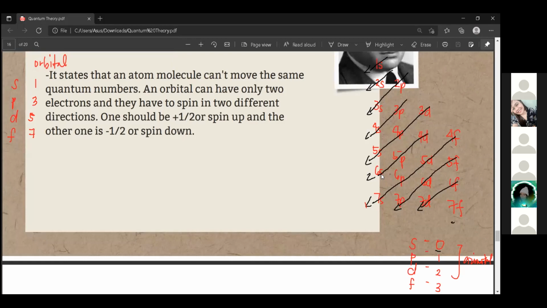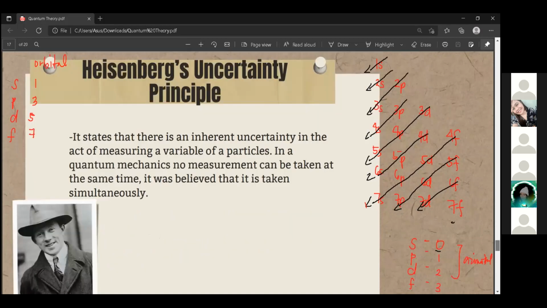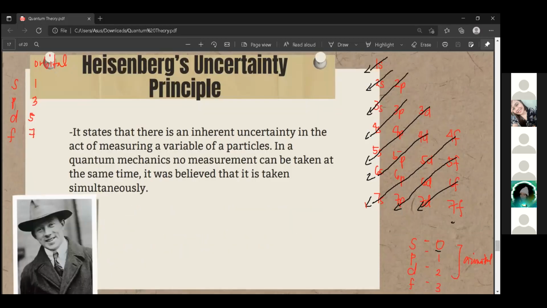Okay, thank you. Okay, now the Heisenberg's uncertainty principle. These principles are actually named after those people na nag-coin ng mga concepts na ito. From the name itself, Heisenberg's uncertainty, take note of the word uncertainty principle.